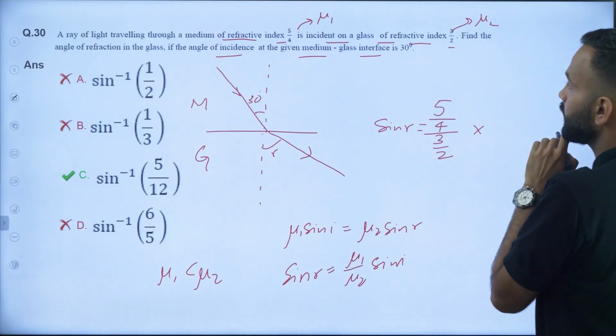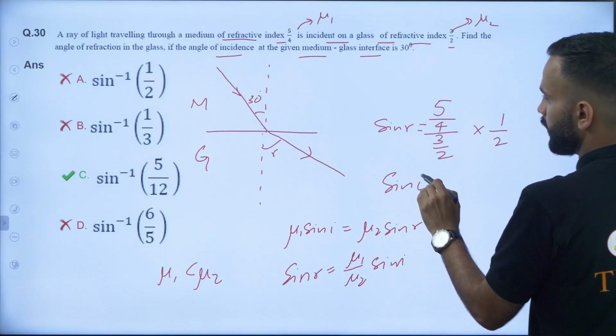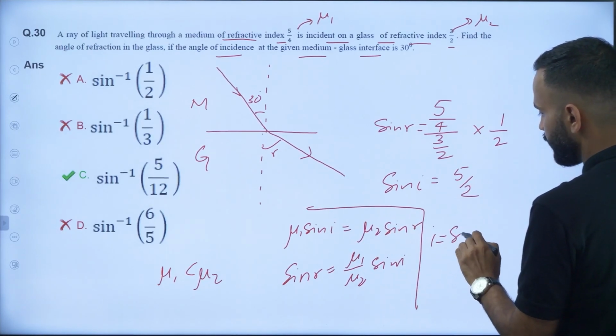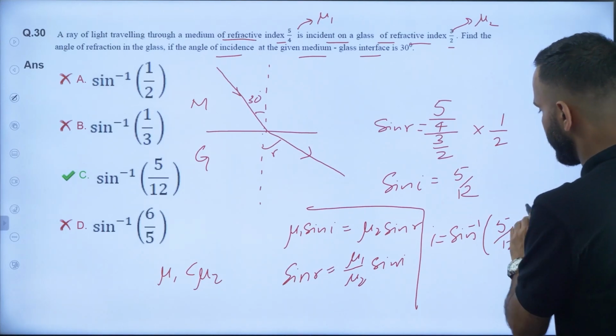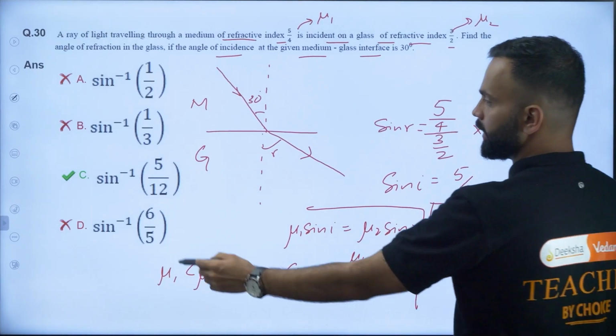Sine i is sine 30 degrees, that is 1/2. So sine r is equal to 5 divided by 12. So r equals sine inverse of 5/12. Okay, so the correct option is C.